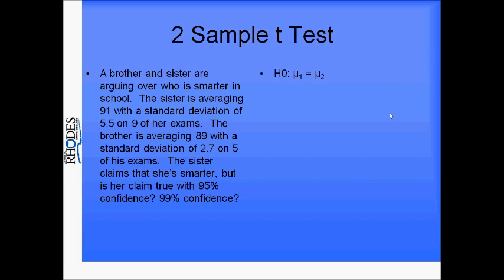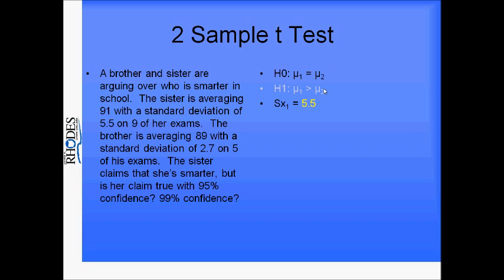Okay, tricky, tricky, tricky. Let's go ahead and go into our calculators, scroll down and find the two-sample t-test and select that one. Our null hypothesis is that they're equal. Brothers and sisters scores are equal, and the sister's claiming that hers is better, so that's greater than.